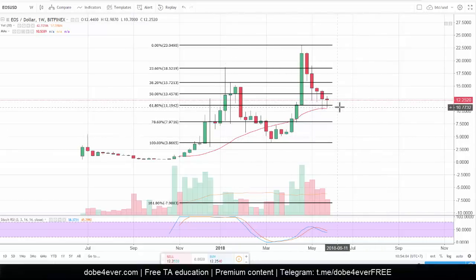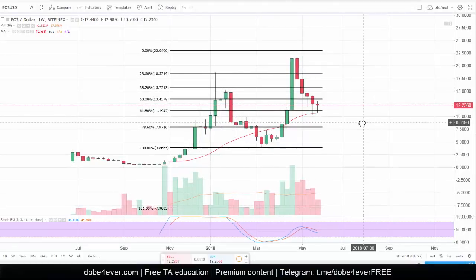Although I think it'll bounce here, because it seems like it's rounding here, so it looks like it's going to round and start going up. But of course, now the Ethereum EOS tokens are going to be frozen until the launch. So I would assume sideways movement, because people are not going to be able to trade them until the real EOS tokens become available on the exchanges.